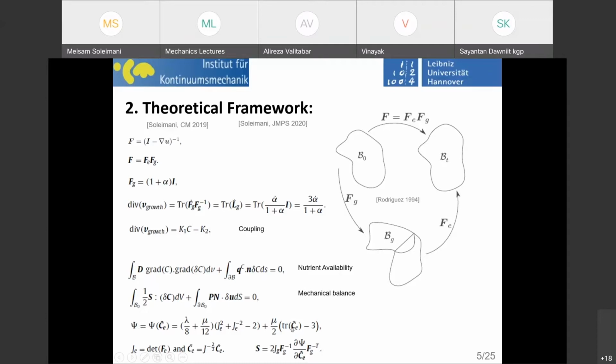You know that all strains are dimensionless, so this guy doesn't have any dimension. The dimension of the free energy comes from the parameters existing in the free energy. Roughly speaking, let's go back to the principles: Hooke's law and the Young modulus. The Young modulus is in Pascal or megapascal, and Pascal is Newton per square meter.